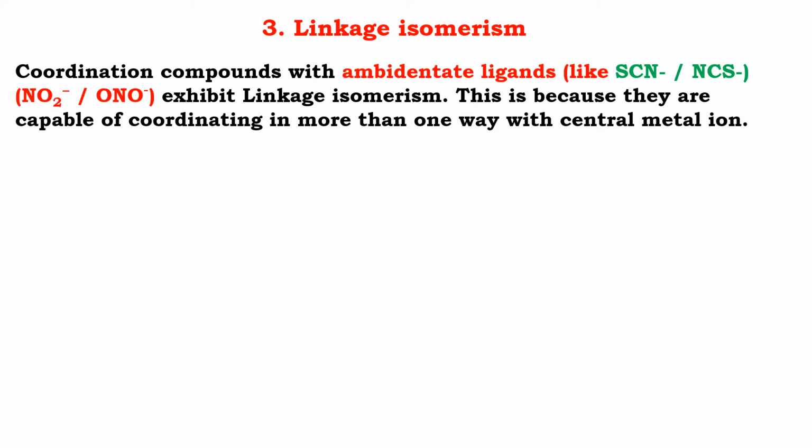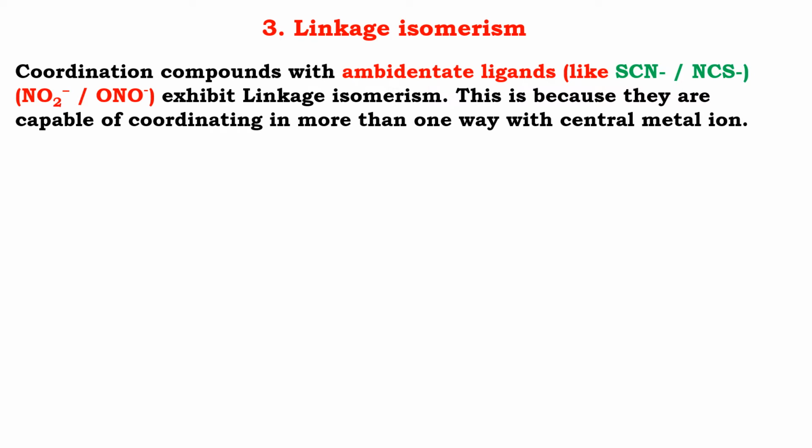Amphidentate ligands are ligands which contain more than one donor atom, but act as a monodentate ligand. That means two atoms cannot bond simultaneously. Either one or the other will bond to the metal atom.